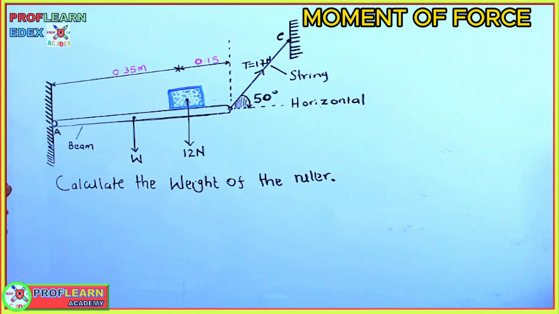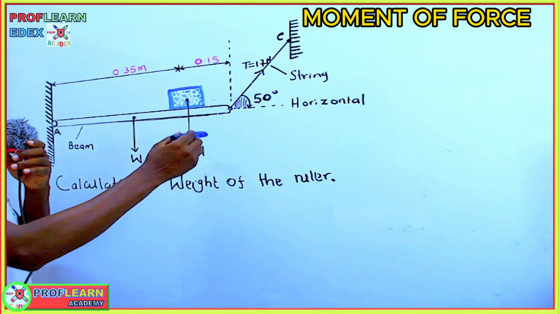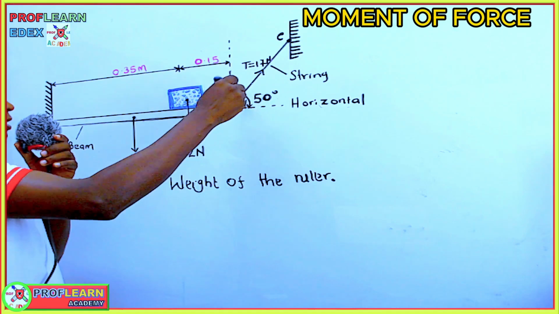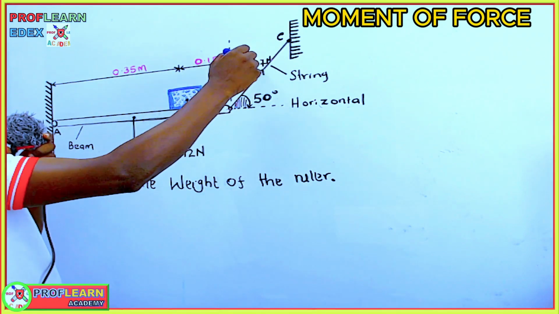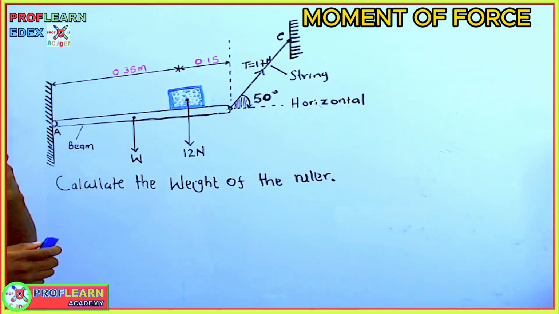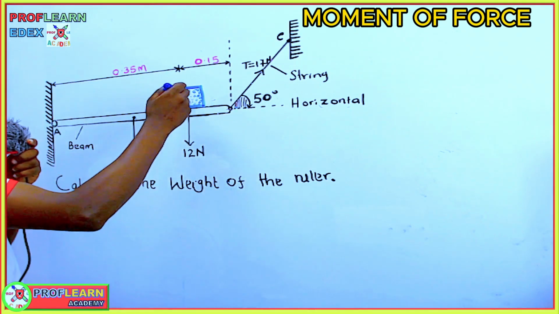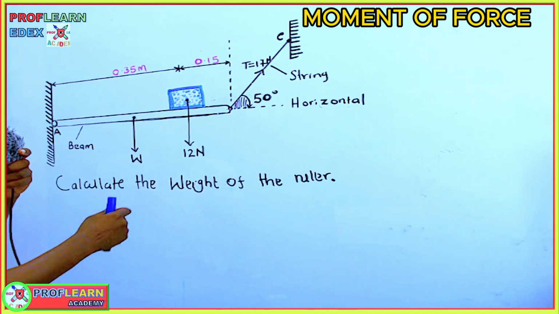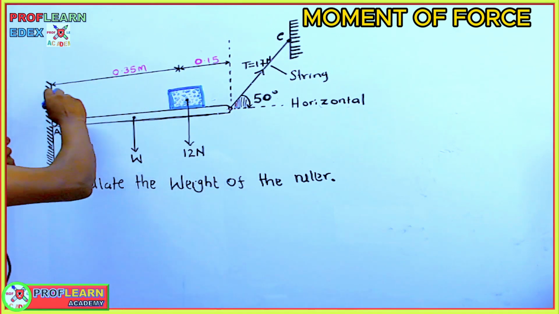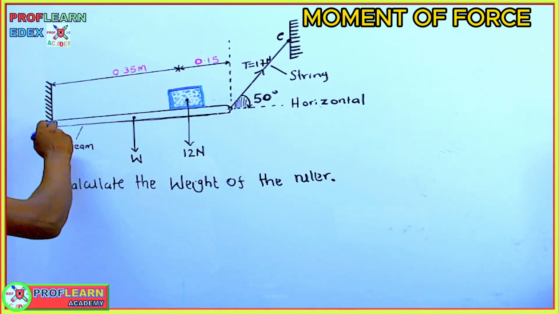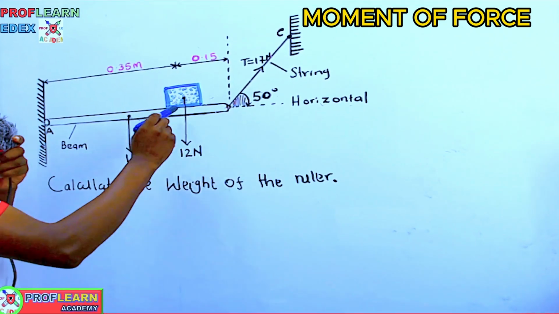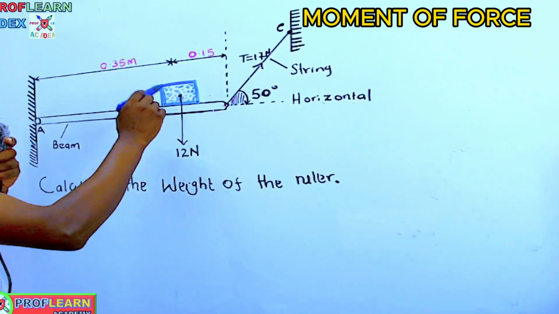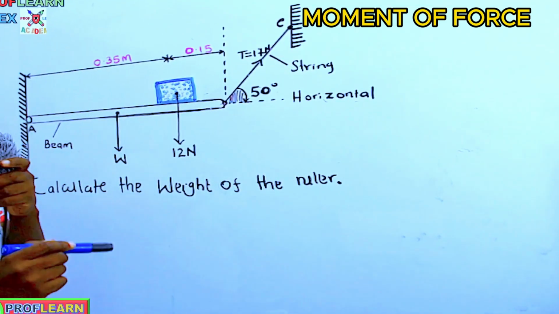We are also told that this ruler is supported by a string with a tension of 17 newtons. The mass has a weight of 12 newtons, and it is supported from this hinge. The distance to where the weight is acting is 0.35 meters.